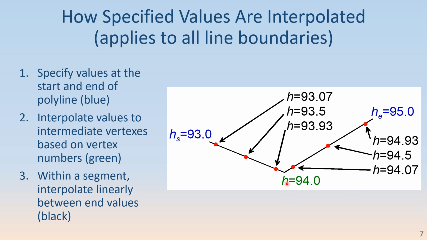Then within each segment, the heads are interpolated linearly from 93 to 94 here. In this case, there are 3 control points. We have 3 parameters per line. And using linear interpolation, these black values are assigned at those red control point locations.